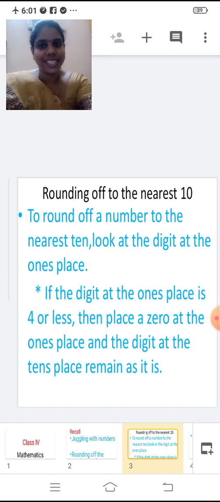Then place 0 at the ones place and the digit at the tens place remains as it is.